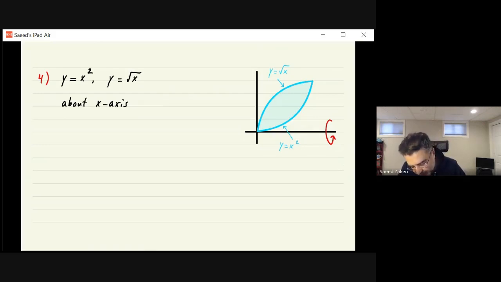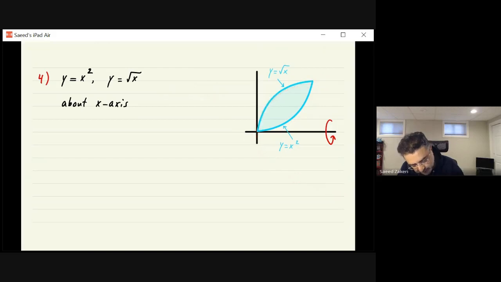Now I'm looking at this almond-shaped region, bounded between y equals x squared, which is this parabola, part of the big parabola, of course, and y equals square root x, part of this curve.